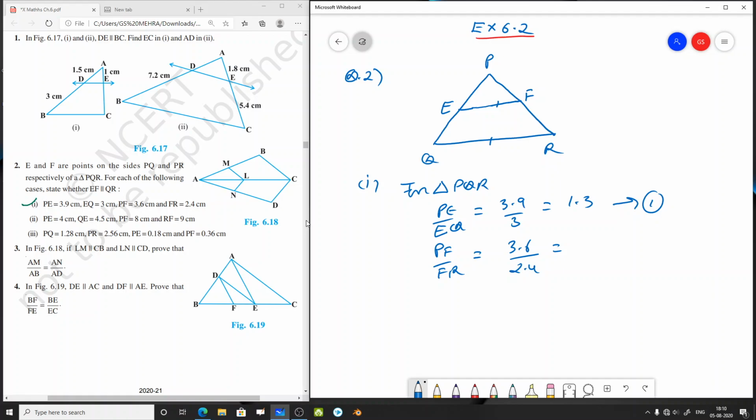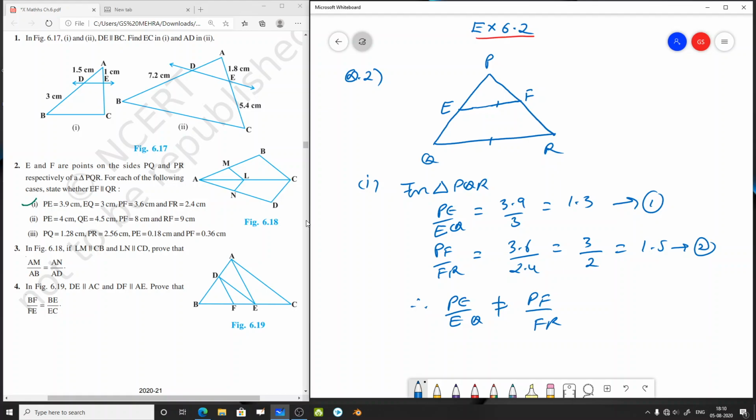So 3.6 divided by 1.2 is 3, and 2.4 divided by 1.2 is 2, and 3 by 2 is 1.5. So we know that 1.3 is not equal to 1.5. Therefore, we can say that PE by EQ is not equal to PF by FR.